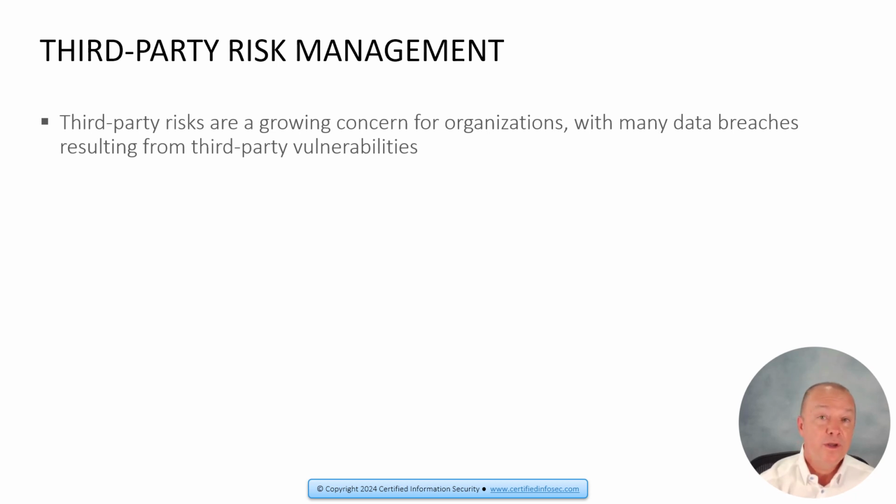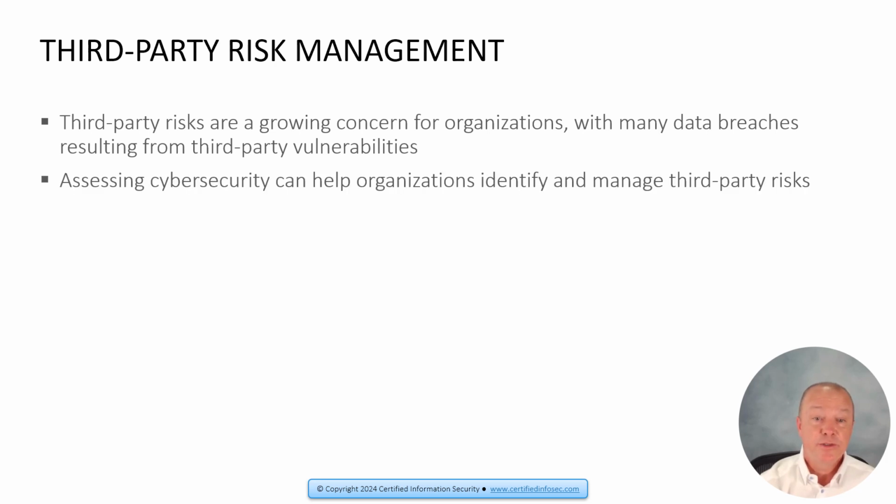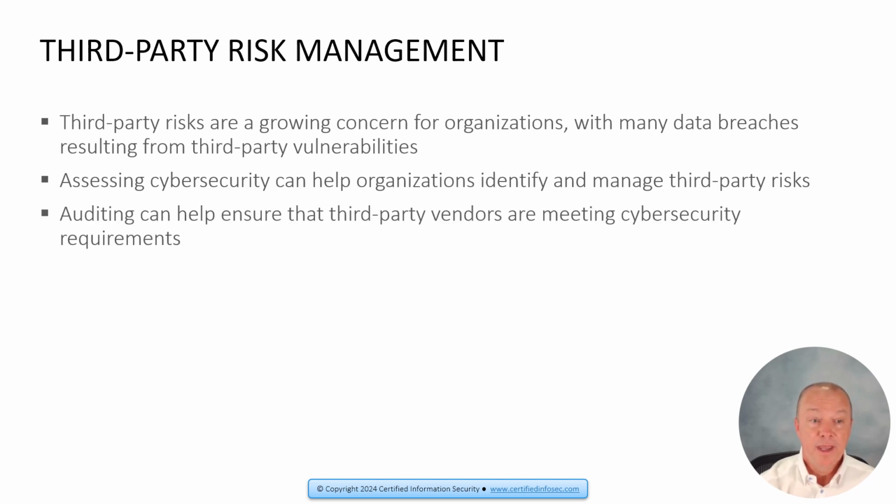So third-party risks are a growing concern for organizations, with many data breaches resulting from third-party vulnerabilities. Assessing cybersecurity can help organizations identify and manage third-party risks. And auditing can help ensure that third-party vendors are meeting the organization's cybersecurity requirements.